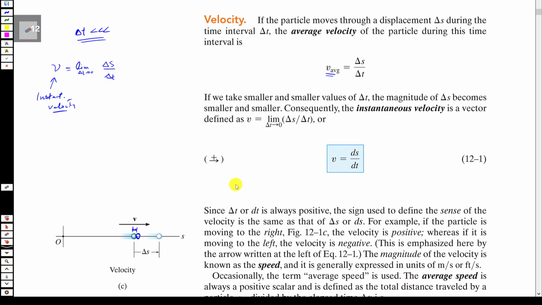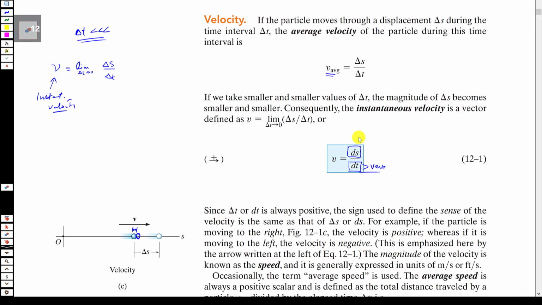As we can see, delta t can never be negative. The time interval will always be positive, while delta s, the displacement, could be positive or negative.